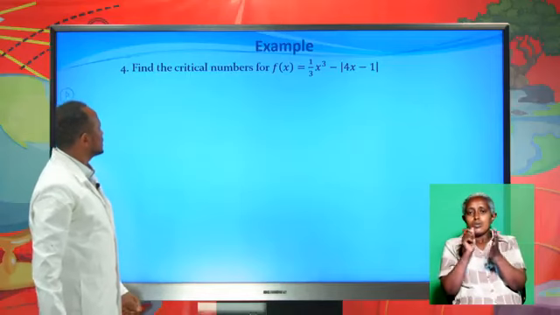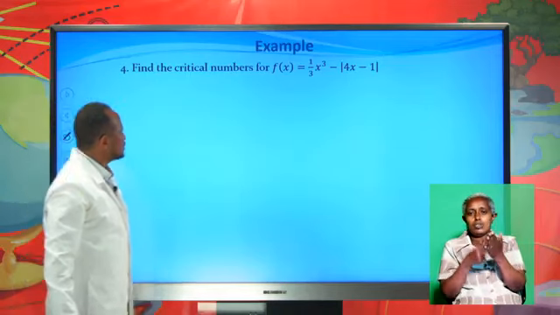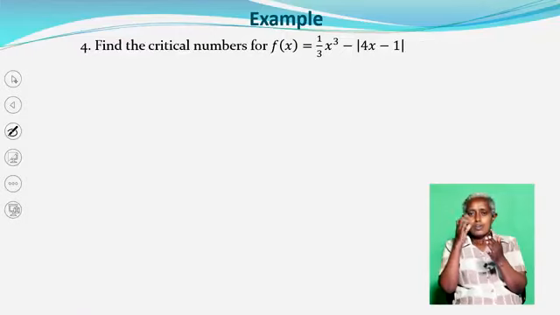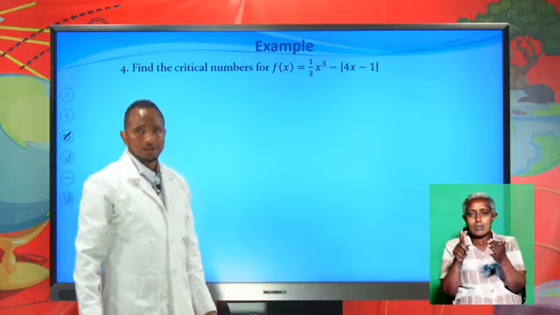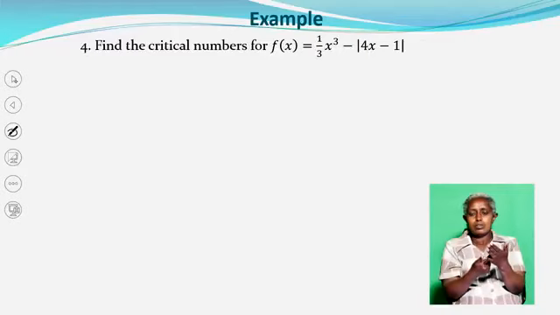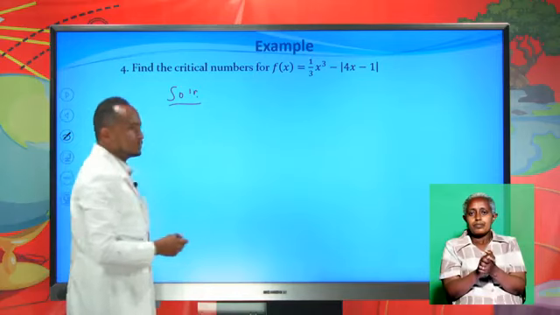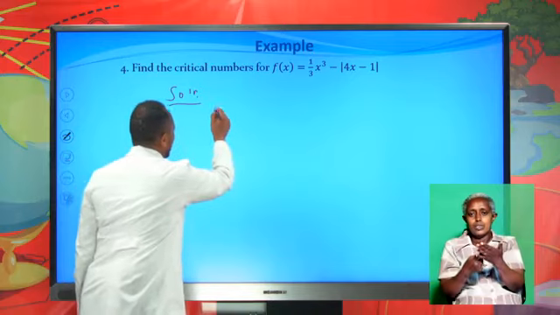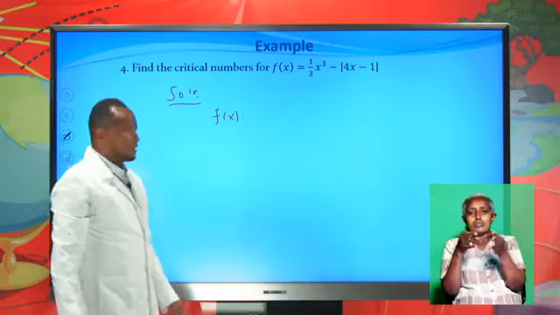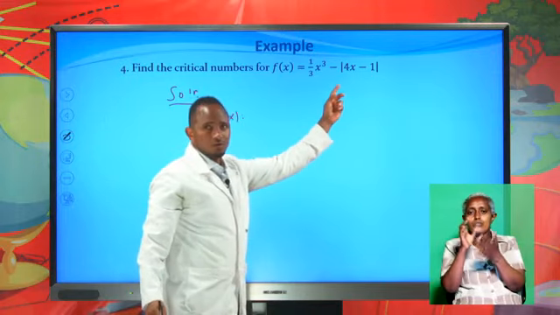Now example 4. It says: find the critical numbers for f of x equals 1 over 3 x cubed minus the absolute value of 4x minus 1. Now let's see the solution for this. Here f of x can be written in another form.